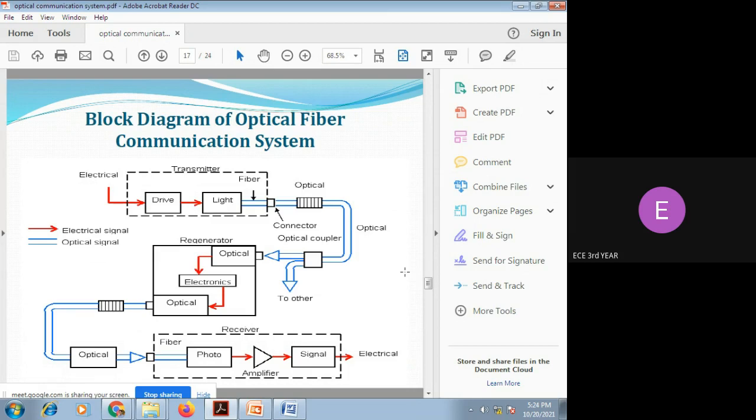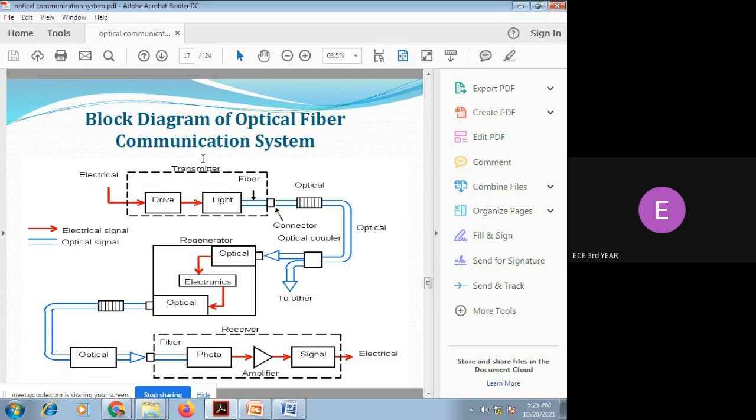This is the overall block diagram of a fiber optic transmission link. First, the transmitter section consists of two modules: the drive circuit, and next, the light source. The drive circuit is used to drive the electrical signal to the source block, that is, the light source block.